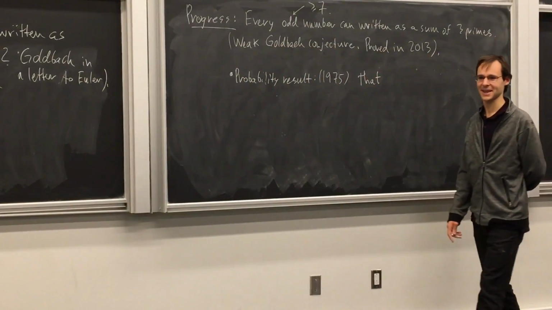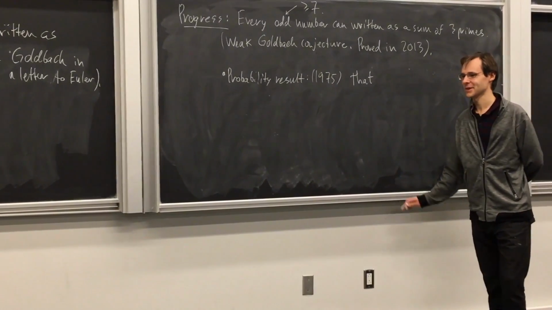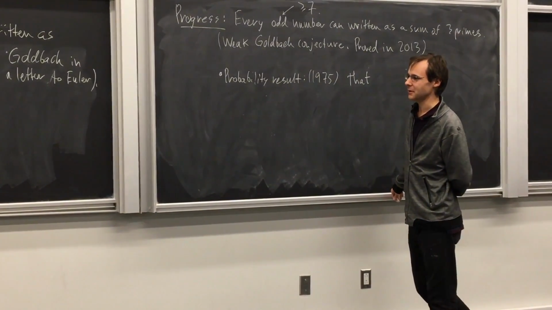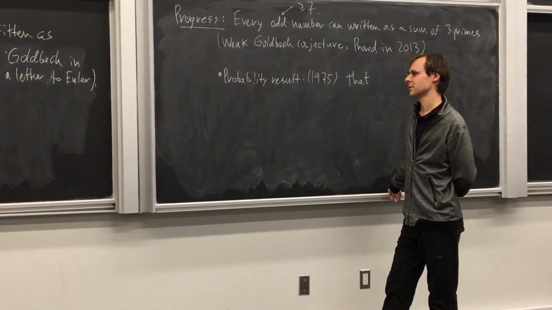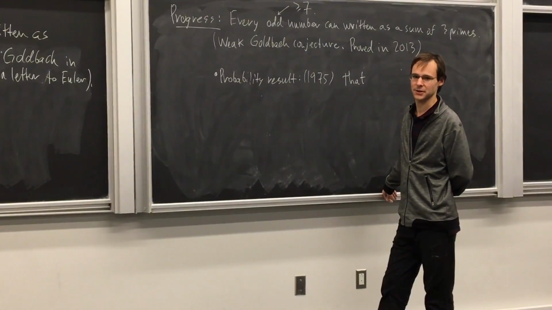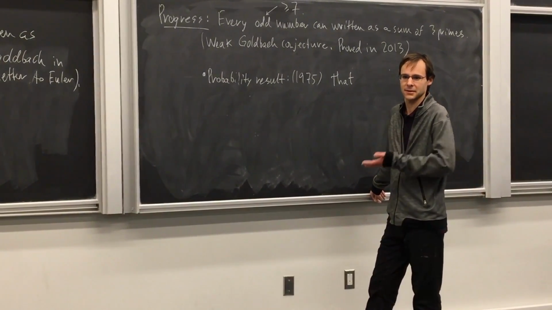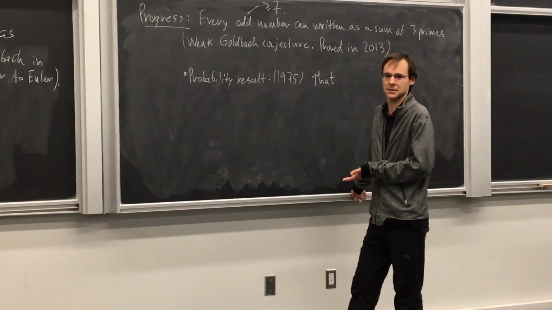Of course, from that we can't conclude that every number can be written as a sum of two primes, because there are infinitely many numbers. So if the answer you get for the probability is 100%, that logically leaves open the possibility that infinitely many numbers cannot be written as a sum of two primes.